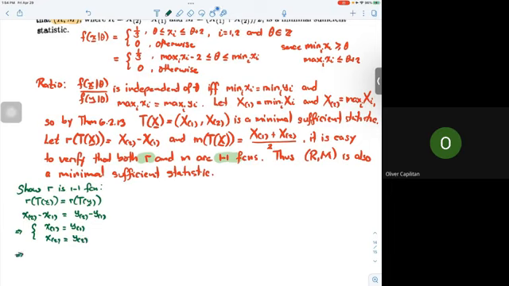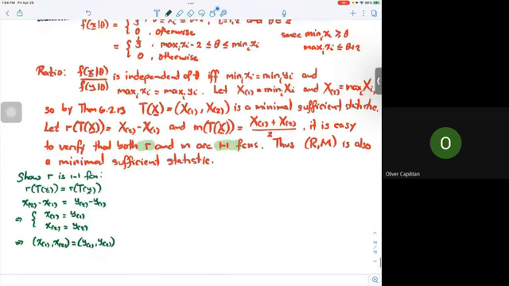So this would further imply that the ordered pair of X would be equal to the ordered pair of Y. Showing that T of X is equal to T of Y. Therefore, R is one-to-one. Madali lang yan, no? You can show also that M is one-to-one. So, we have that.